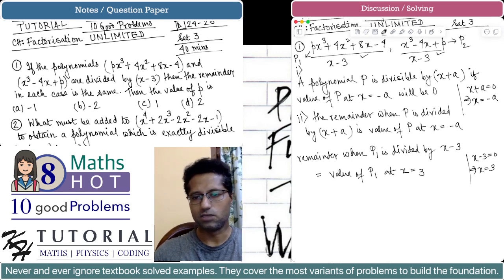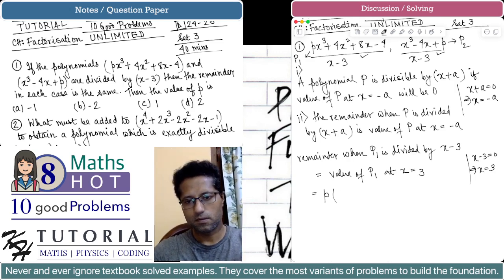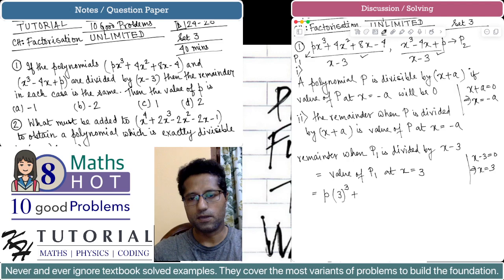which is equal to, if you substitute the value of x as 3 in the polynomial, p into 3 cube plus 4 into 3 square plus 8 into 3 minus 4.